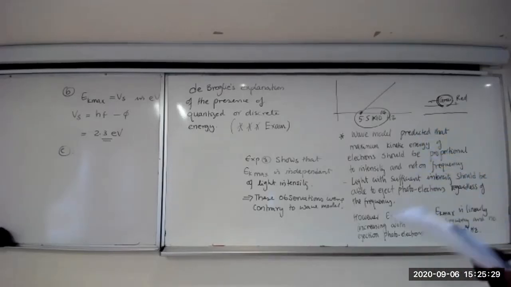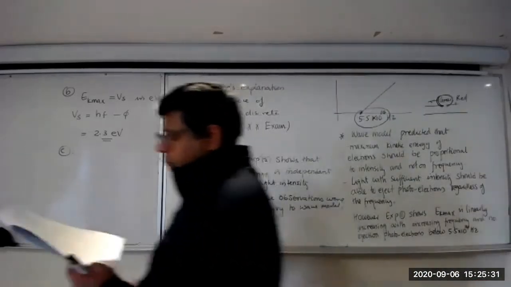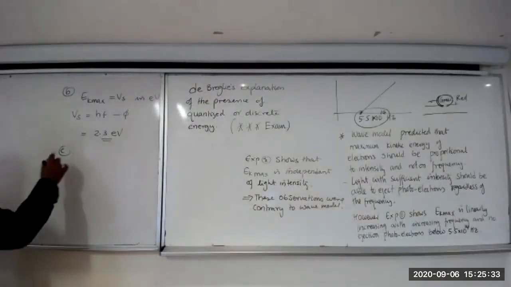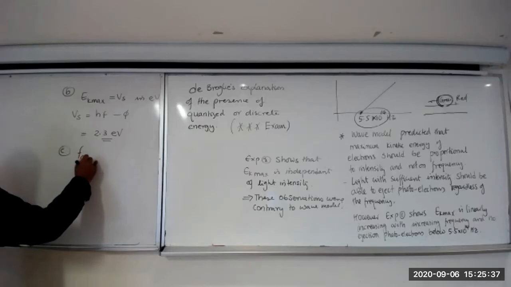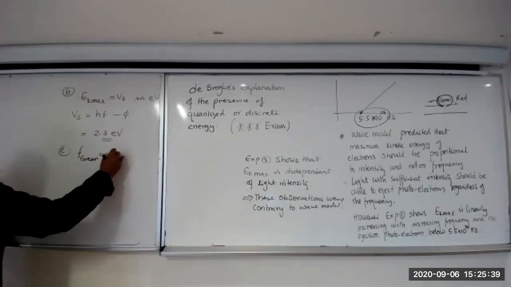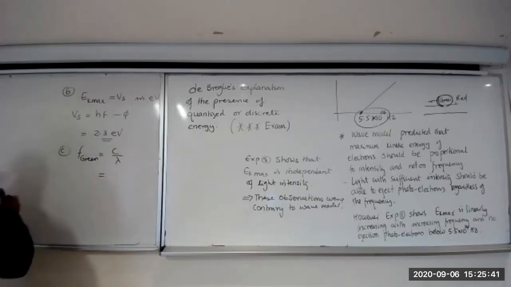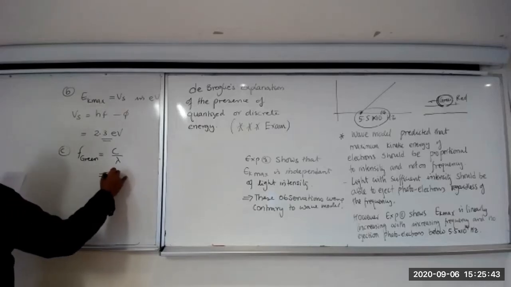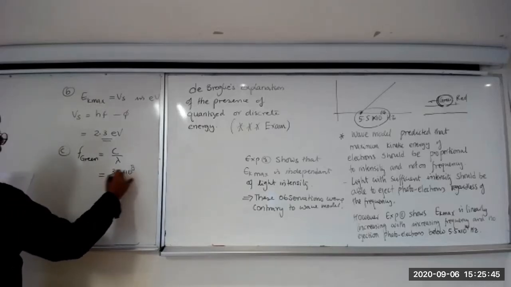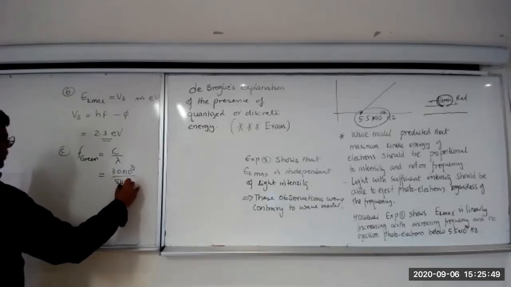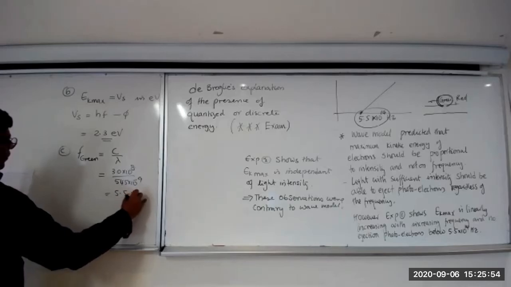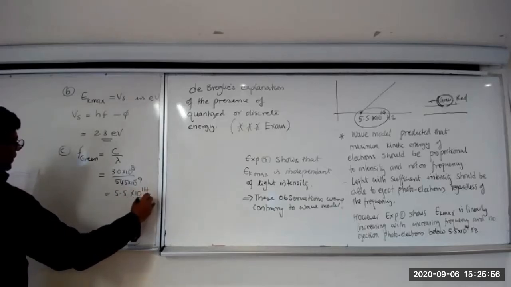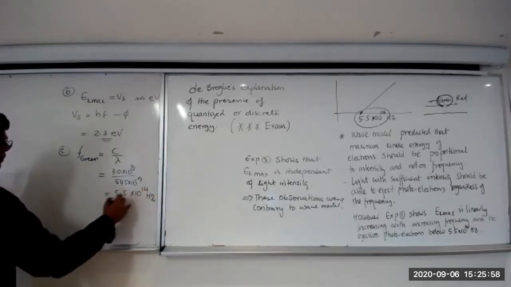Part D. So you try to find the frequency of the green light, c over lambda. The frequency of the green light is 3 times 10 to the power 8 over 545 nano, which gives about 5.5 times 10 to the power 14. So this is the threshold frequency.